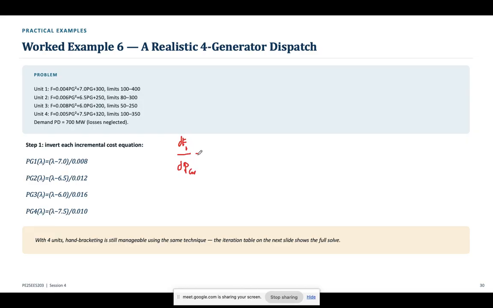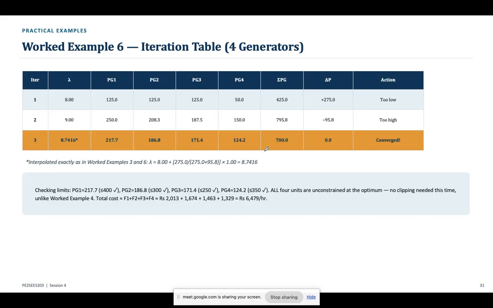The differentiation will give you 0.008 pg1 plus 7, right? This is what you are going to get.